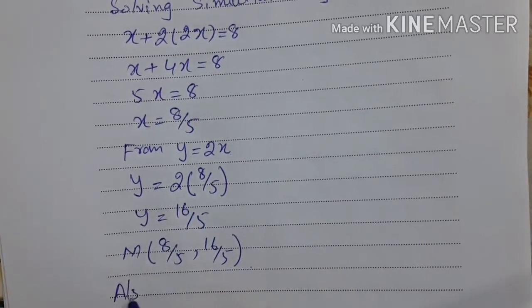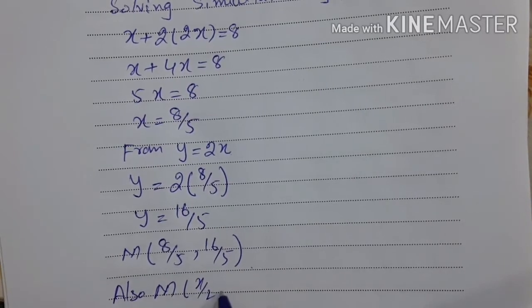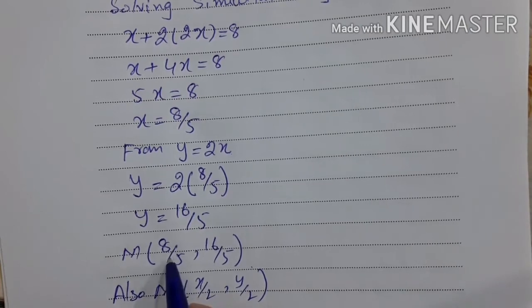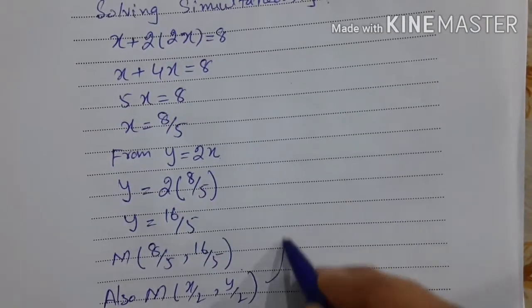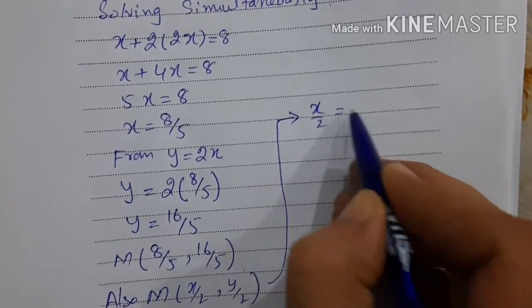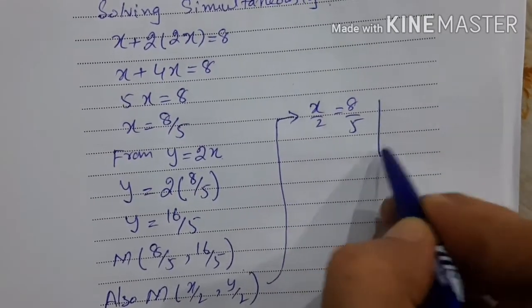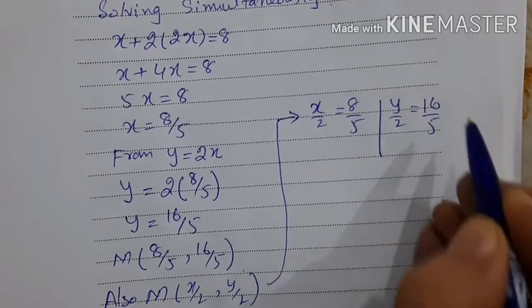Also we have the coordinates of M as x over 2, y over 2. So this is equal to this, and this is equal to this. Therefore x over 2 is equal to 8 over 5 and y over 2 is equal to 16 over 5.